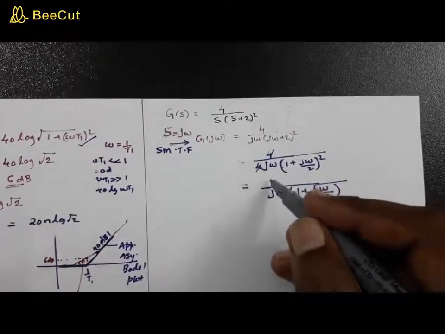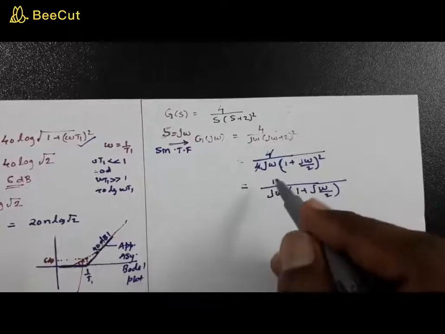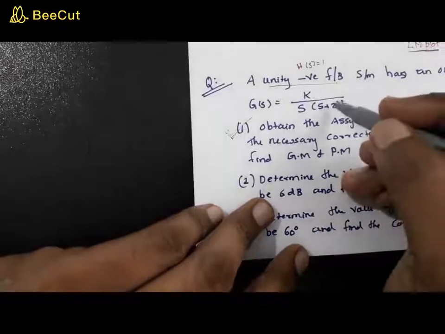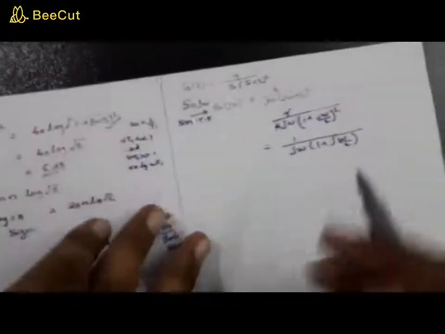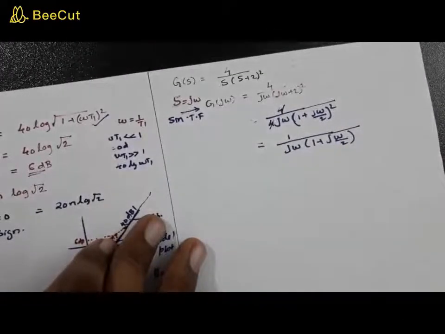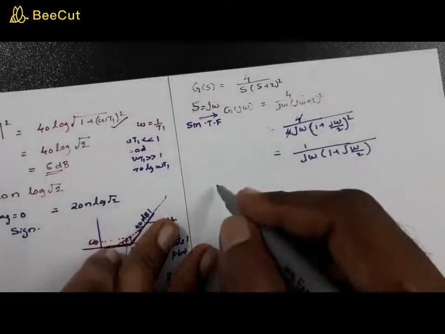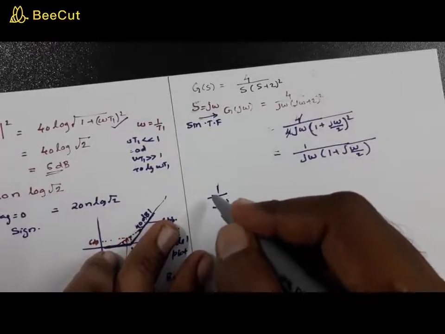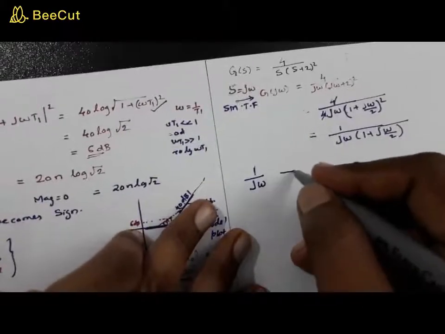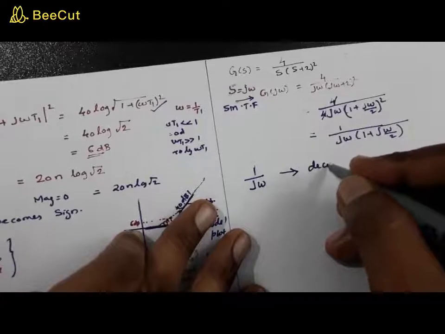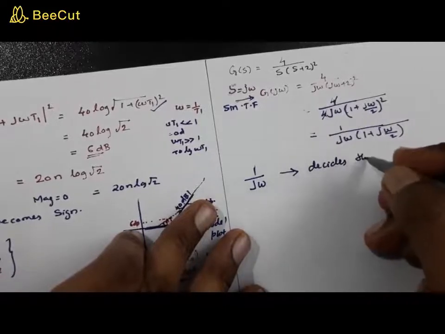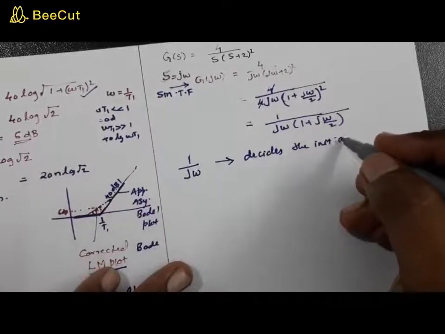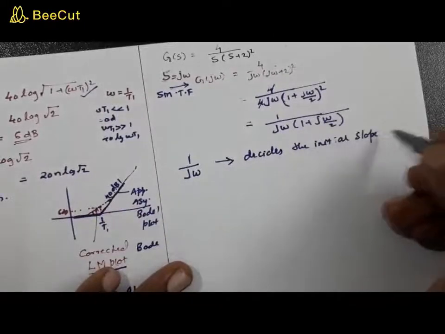So your new k value is 1. Don't take that as 4. So the terms will be the constant term divided by j omega, and we know that this decides the initial slope of the Bode plot.